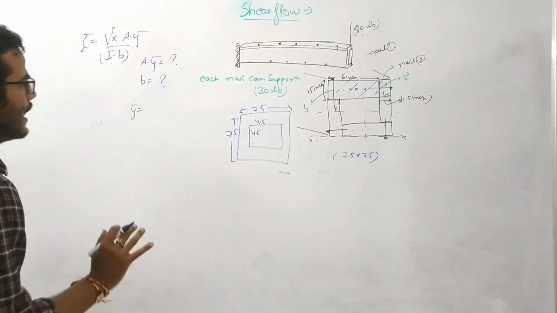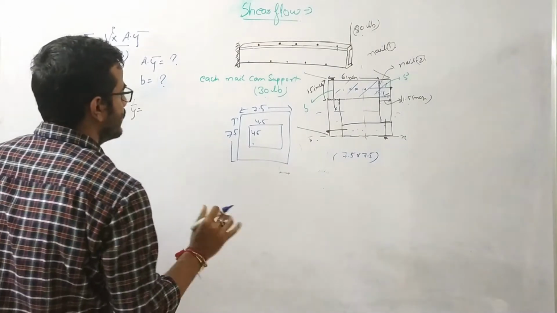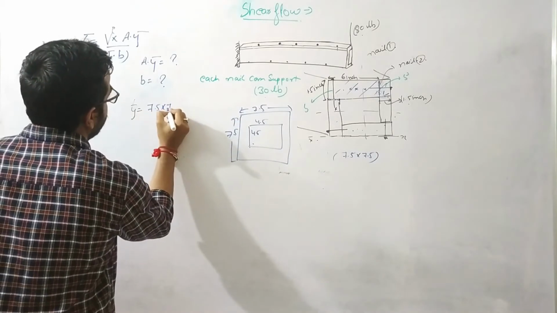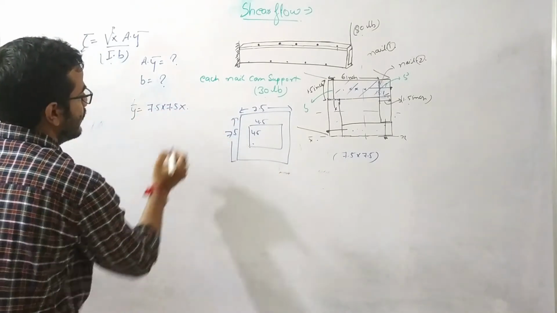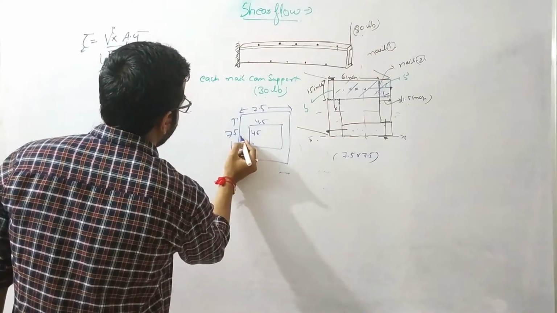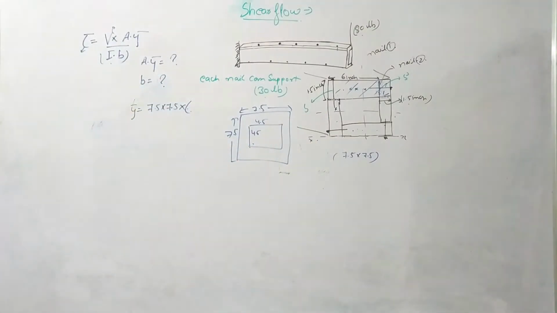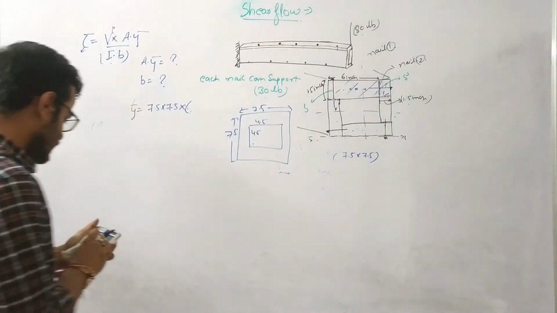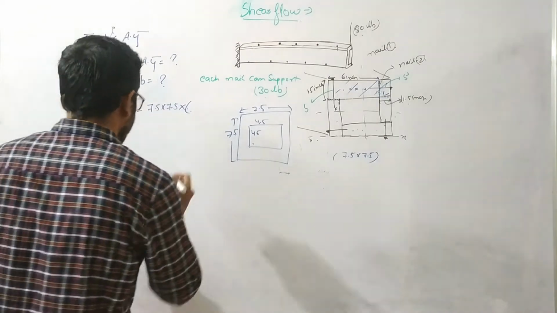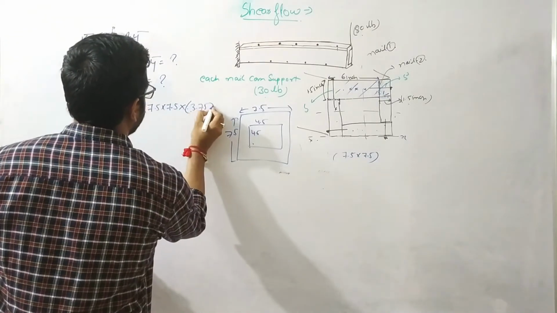So I will calculate the centroid of this area. First, I'll take the whole area, 7.5 into 7.5, and its centroid, in inch, remember that, will be 7.5 divided by 2, which is 3.75.